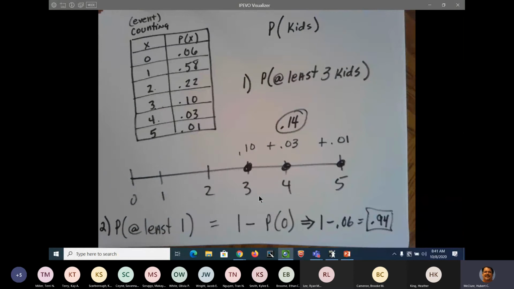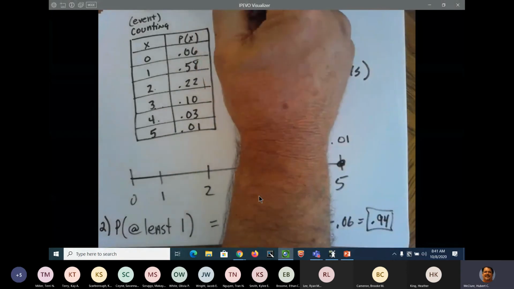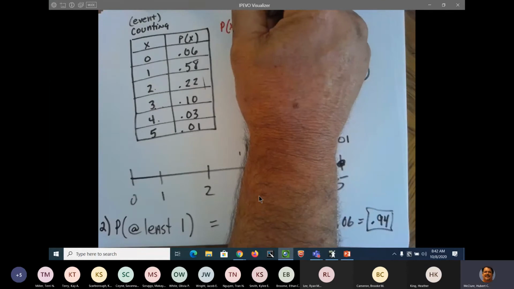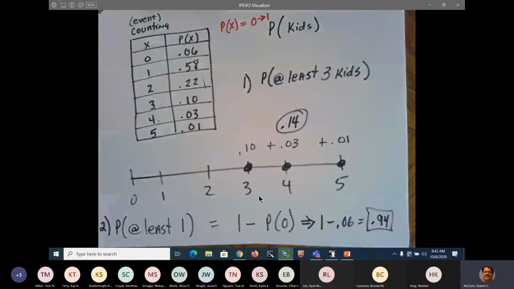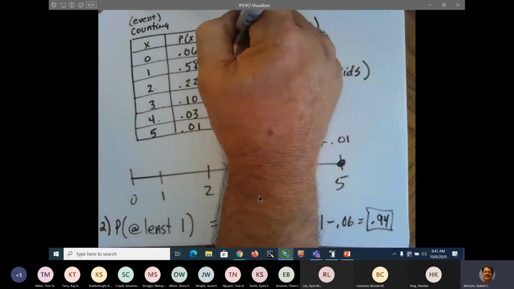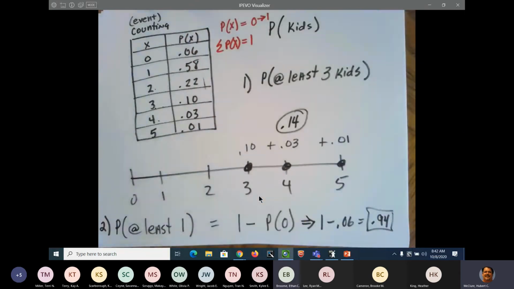Now, remember the probability rules. Got my red marker. This is important. Each probability has to be between 0 and what? Each probability has to be between 0 and 1. And the summation of the probabilities has to equal what? 1.